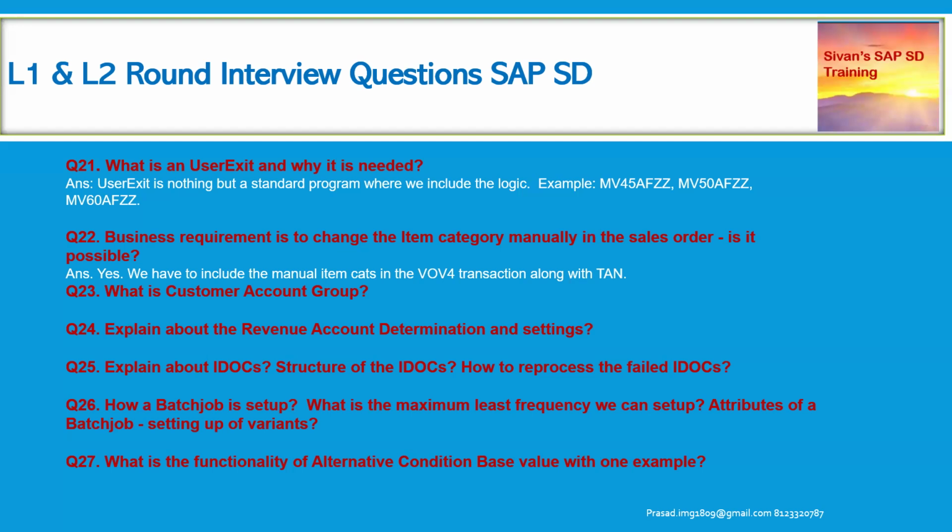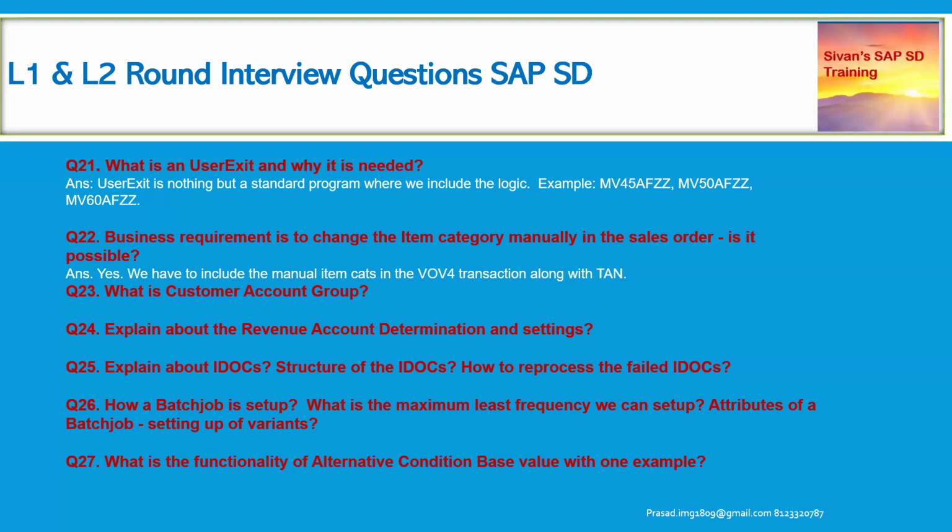the requirement comes in that this is the requirement and this functionality to be added or included. That is possible only using the standard user exits, where the include function modules or programs will be associated. There only the system will allow us to include the logic.